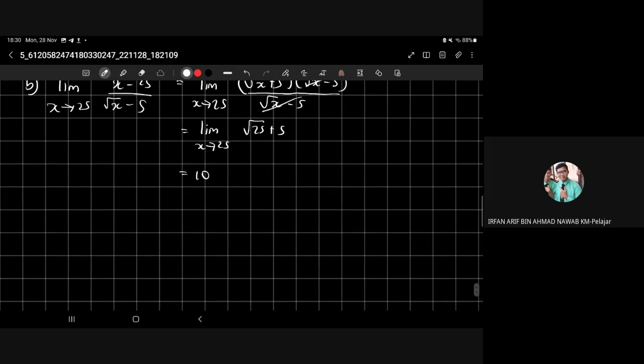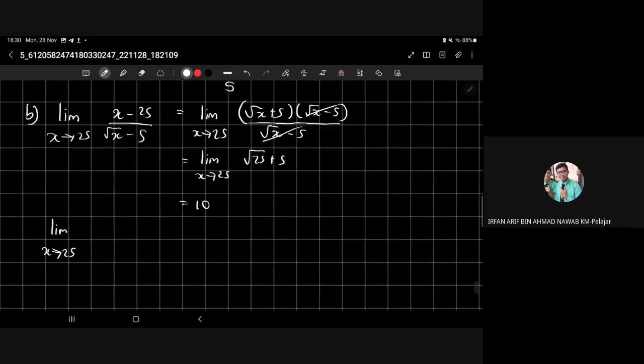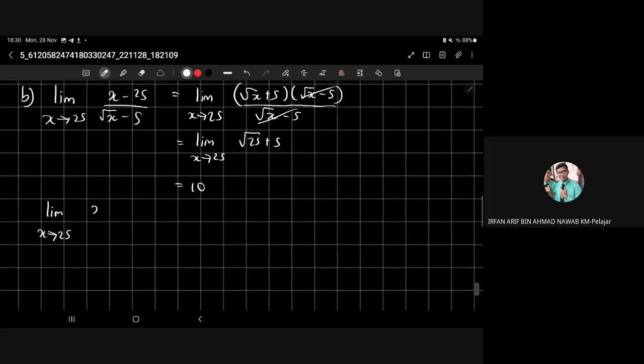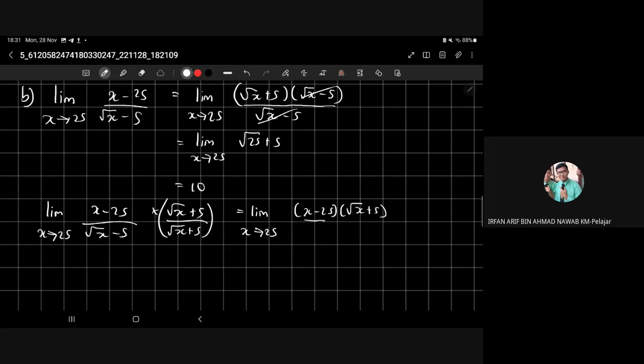All right, let's do it. I'm going to show you. So limit as x approaches 25, x minus 25 over square root of x minus 5 multiplied by square root of x plus 5 over square root of x plus 5. Then you will get limit as x approaches 25, x minus 25 square root of x plus 5 divided by x minus 25.